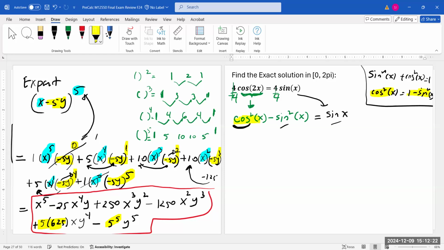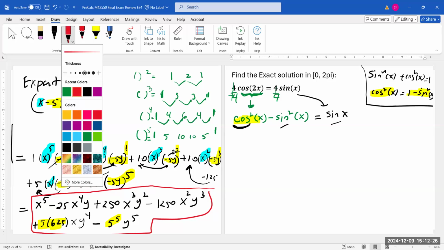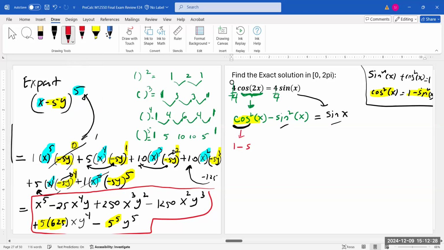We are going to apply that here. Cosine squared x is 1 minus sine squared x, and we have another sine squared x. And let's subtract this sine x, equals 0.